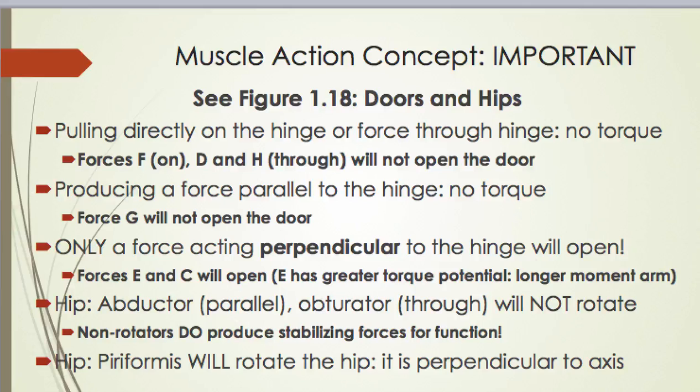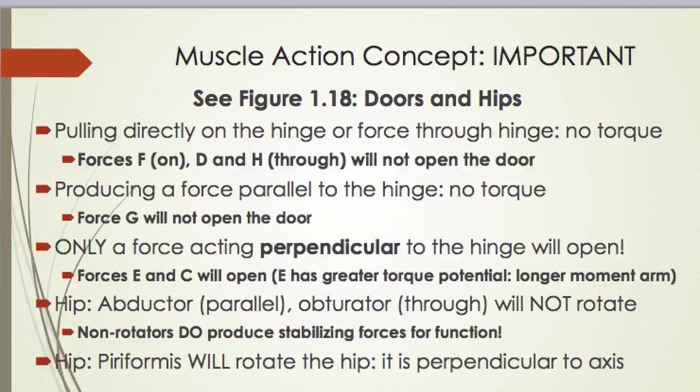So if we take a look at the red arrows, C and E will open the door, where E has a greater torque potential because why? Because it has a longer moment arm. Okay? So that all relates to what we're going to talk about through this course with muscular force on bones.